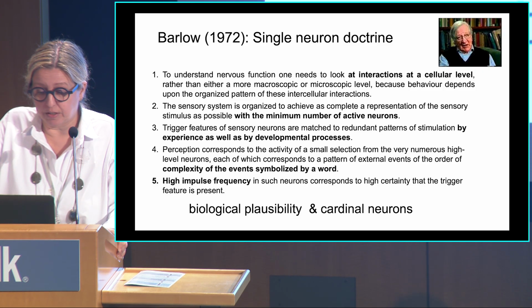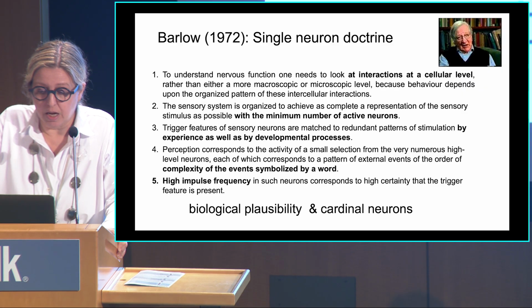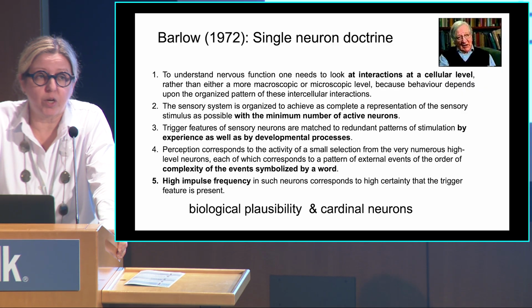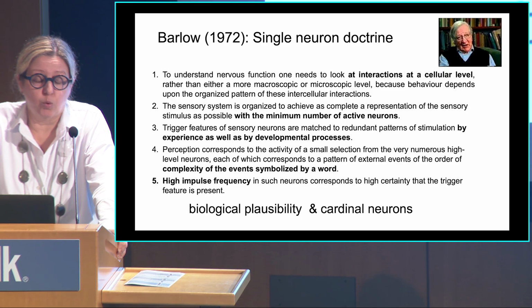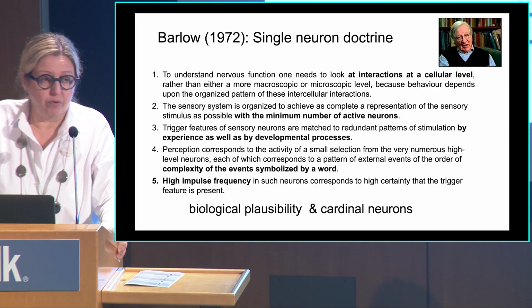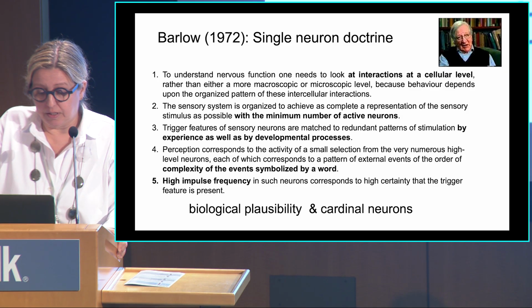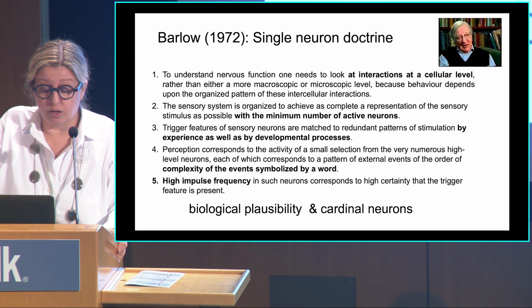There's plenty of evidence for that, how they're shaped through this. And that when we look at perception, we should look at neurons representing something of the complexity of the event symbolized by a word. So it could be left or it could be right, for instance. And he firmly put his mark on a rate code, of high impulse frequency corresponding to high certainty, as the trigger feature is present.